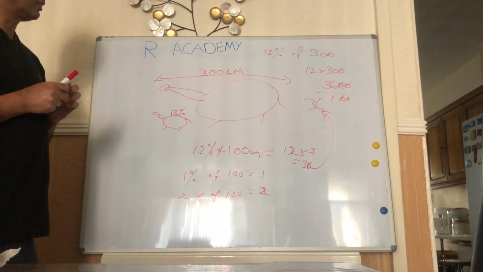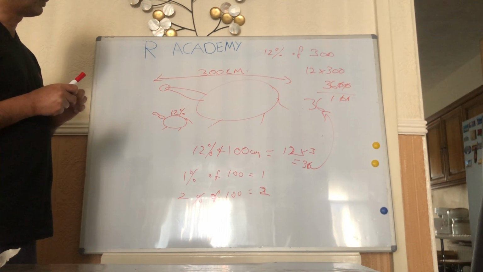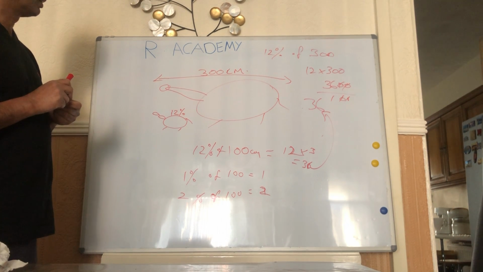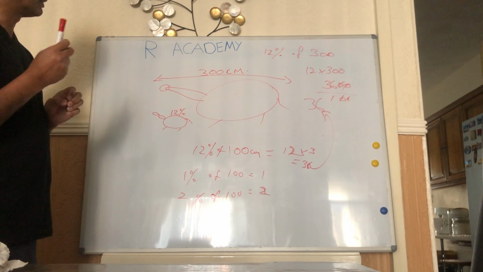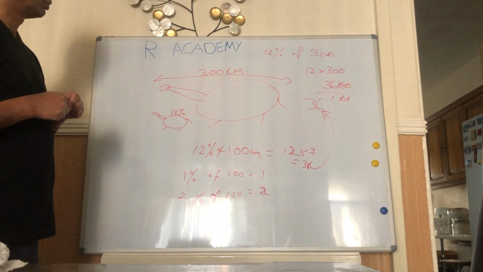Another way you could do this would be to divide that 300 into 1 centimeter, like 1 centimeter would equal what?